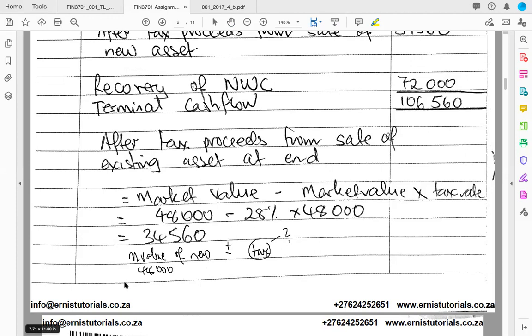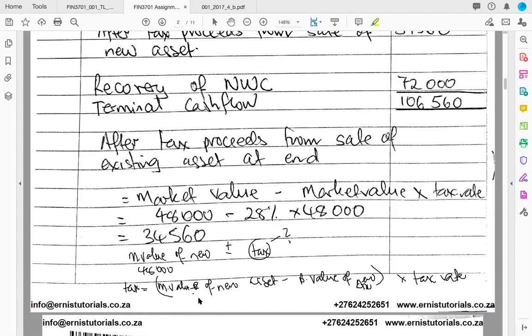So how do we calculate the tax? To get the tax, we simply say the market value of new asset minus book value of new asset at the end of its life, okay, times the tax rate.